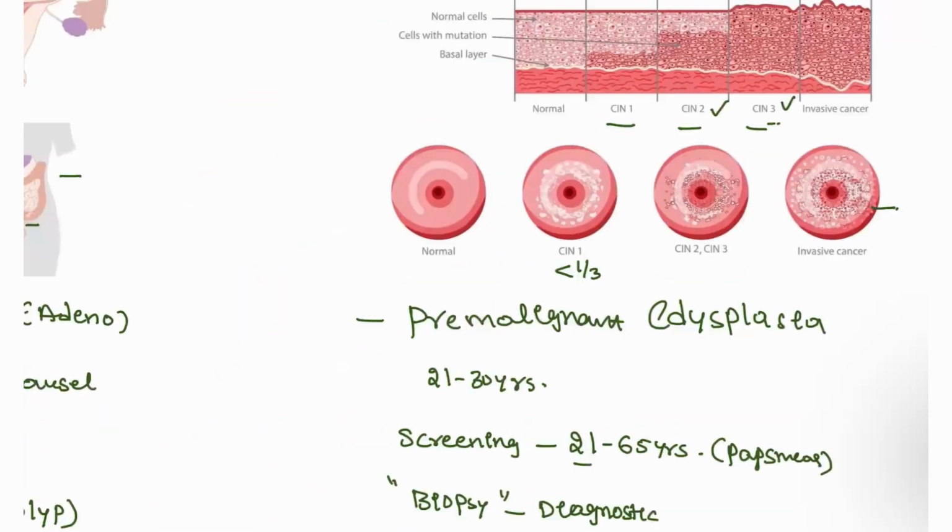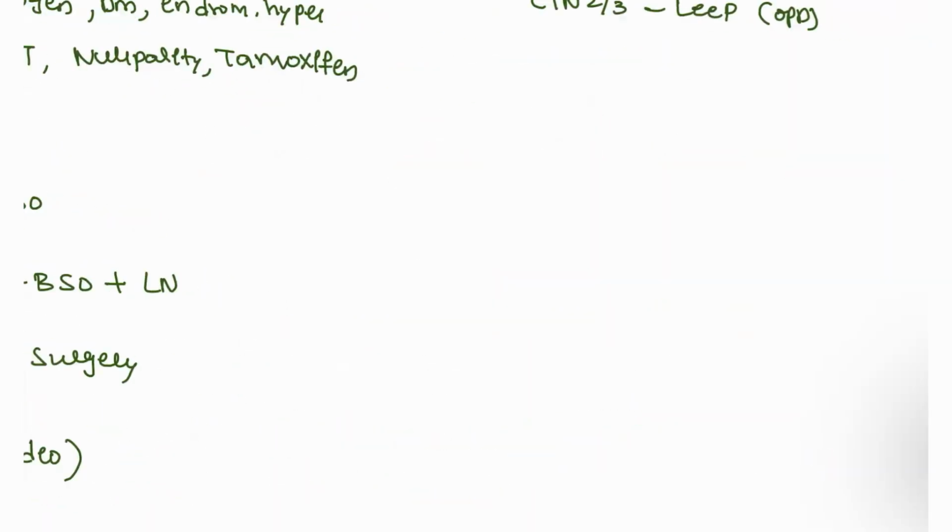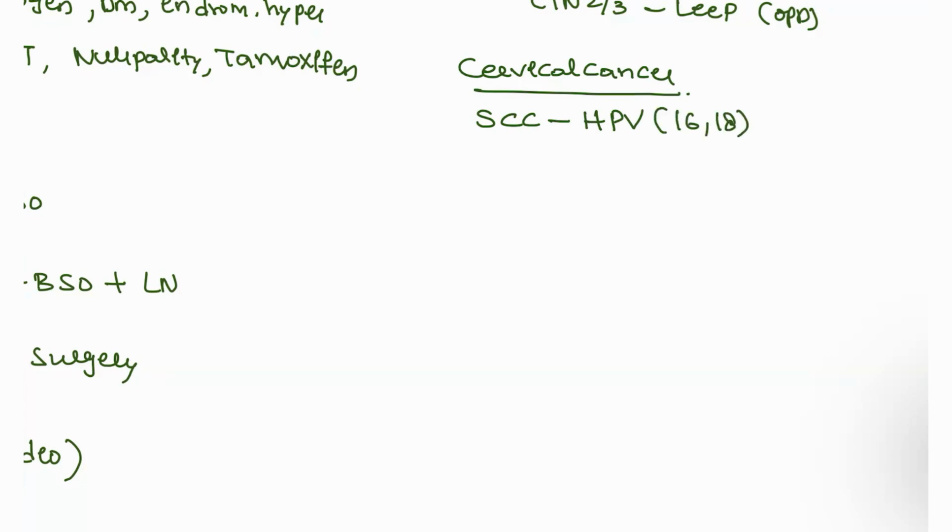Next, we also have cervical cancer. Cervical cancer is most commonly associated with squamous cell carcinoma and human papilloma virus, especially types 16 and 18, which are going to be the factors.